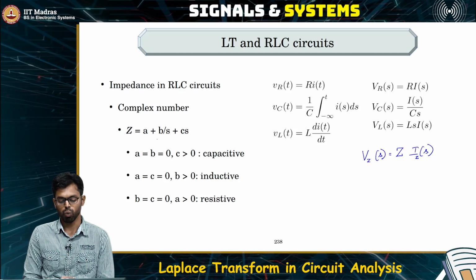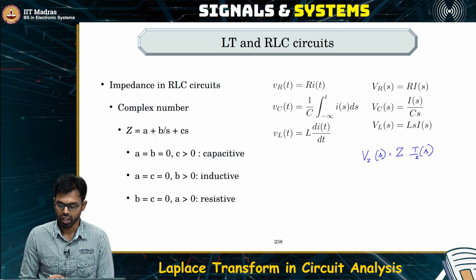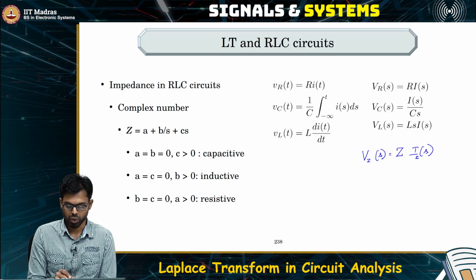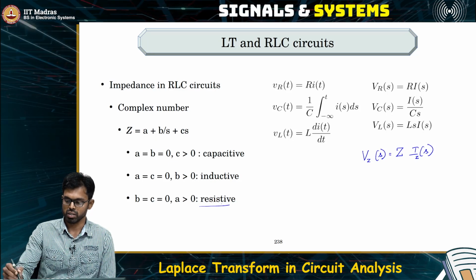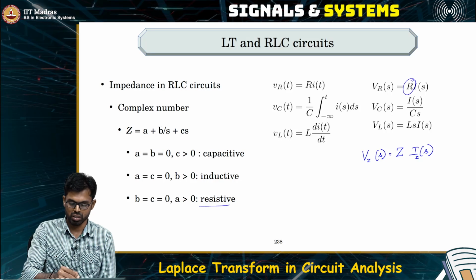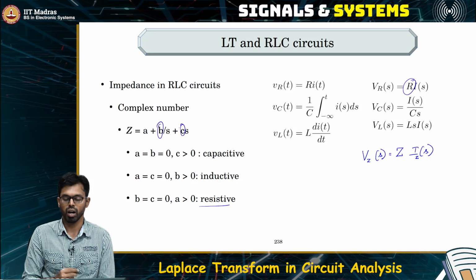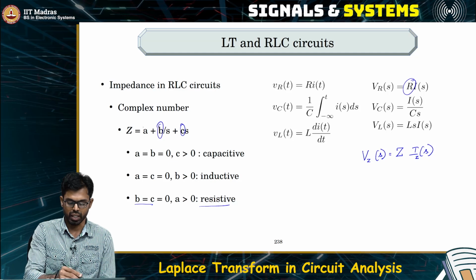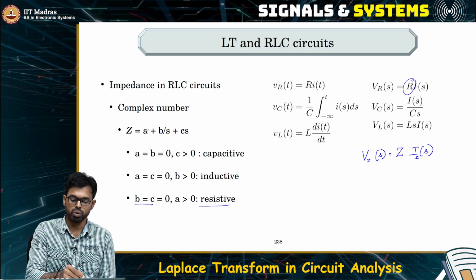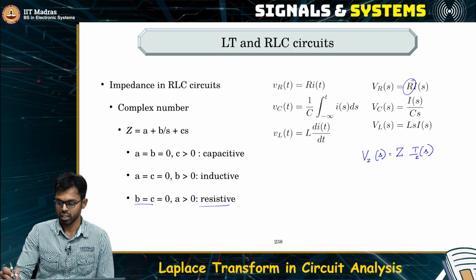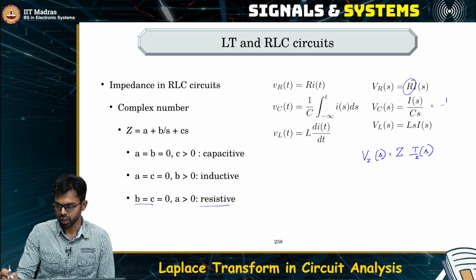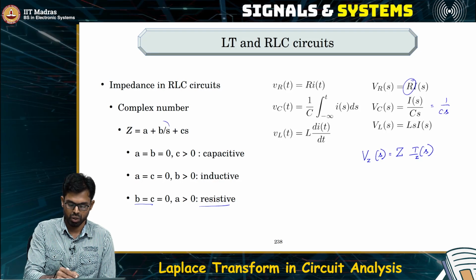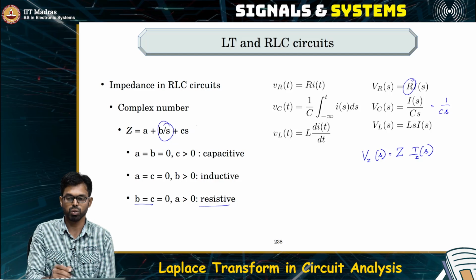Now, how would this help us model different kinds of passive devices? So, if it was a resistor, then basically we are supposed to get just a constant, which means this b and c are equal to 0. Only this a is a non-zero number. Now, if it was, let's say, a capacitor, then we are supposed to get 1 by cs here, which means this is the only term that we are supposed to have, the other terms will go to 0.